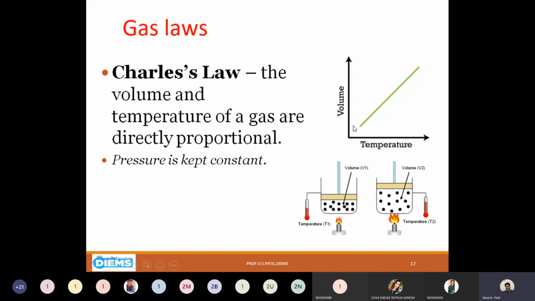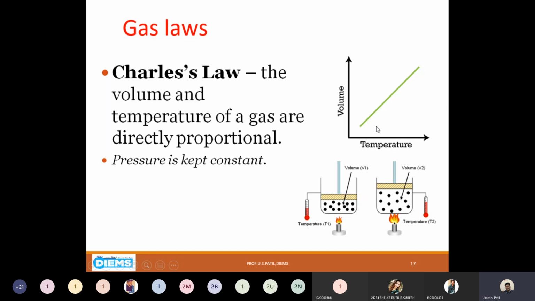Again, you can observe here the volume temperature graph, volume on the y-axis, temperature on the x-axis, and as the temperature increases, volume also increases. There is a certain slope, and this slope is nothing but volume by temperature, which is constant.